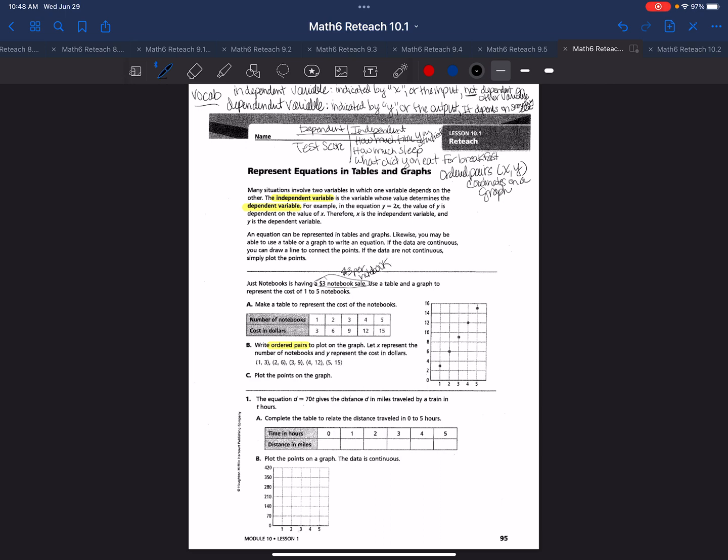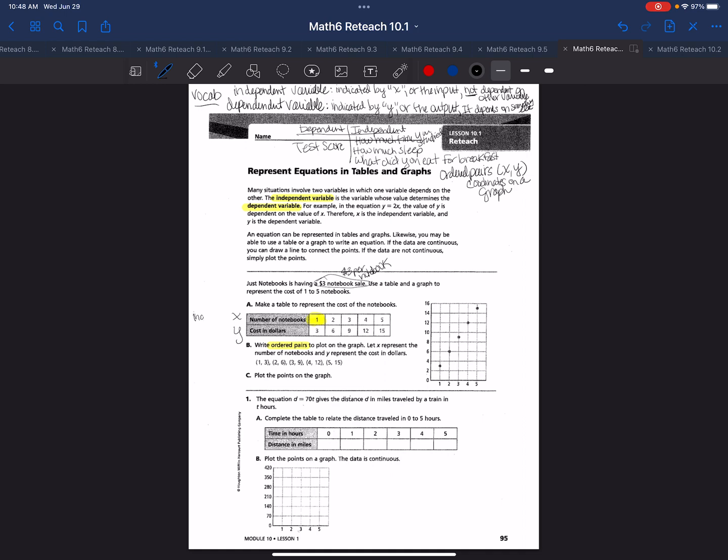Then it says make a table to represent the cost of the notebooks. If I buy one notebook, what would it cost? It would cost $3 because the number of notebooks is my independent variable, and then the cost is my dependent variable.